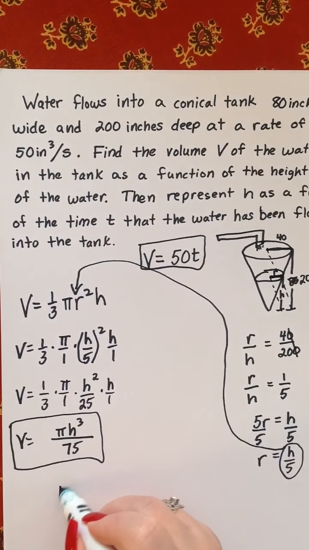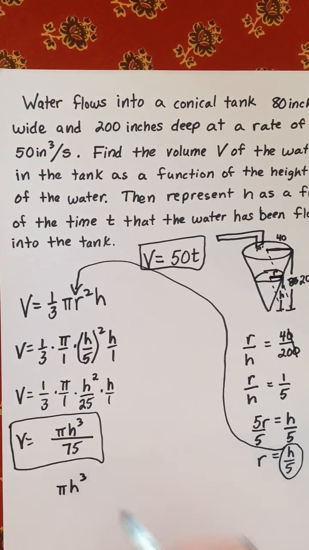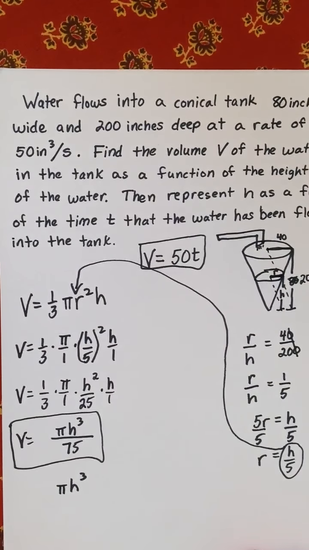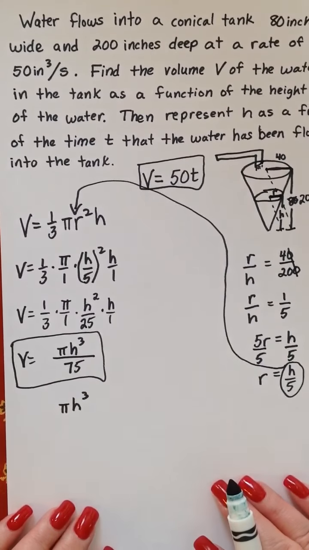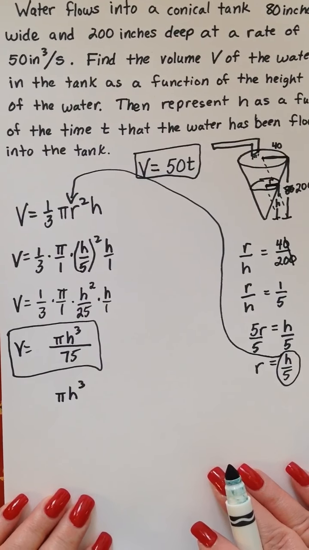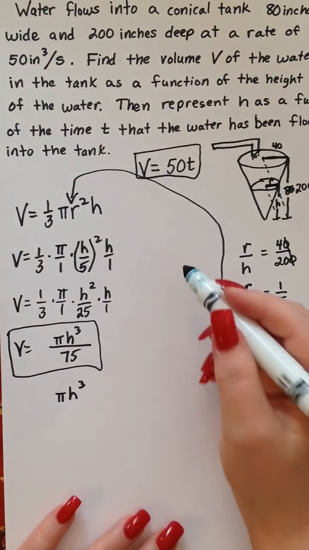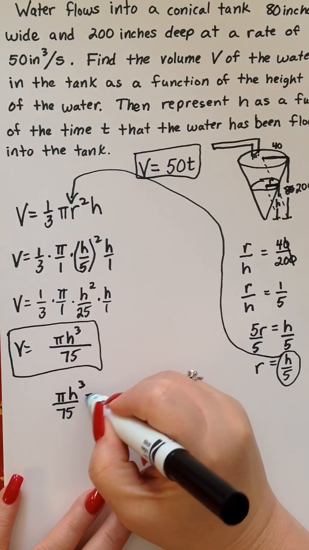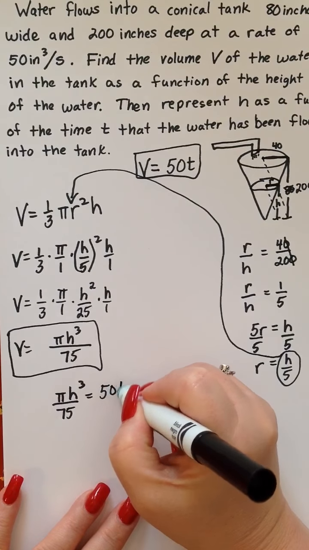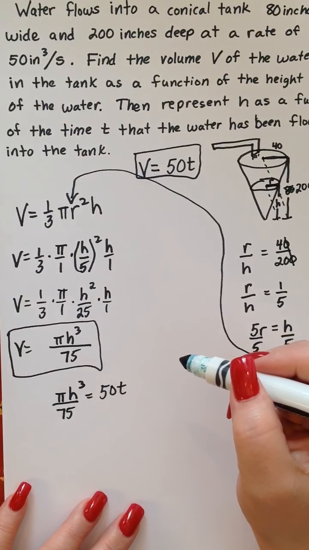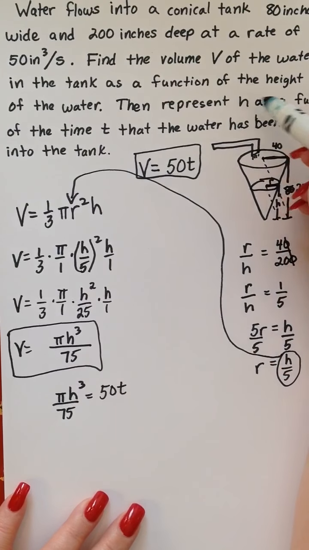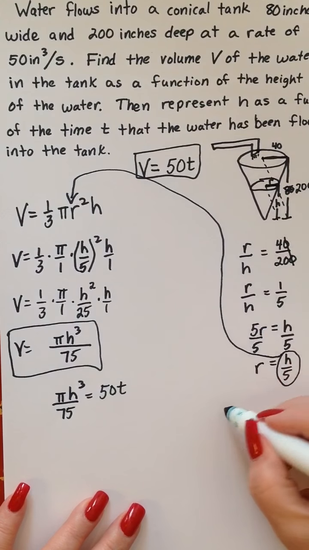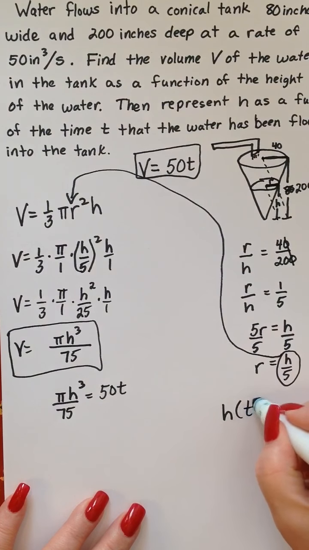So I can say pi h cubed over 75 is equal to 50t. And it says represent h as a function of t. So like on your test it'll say, what is h of t?